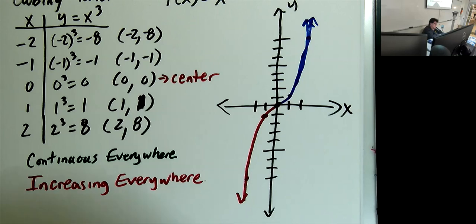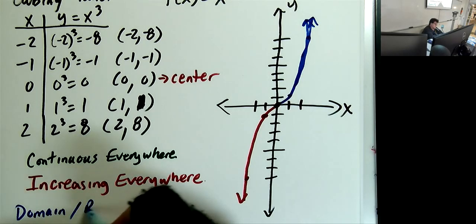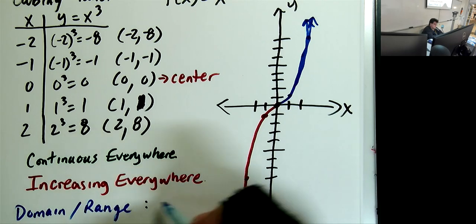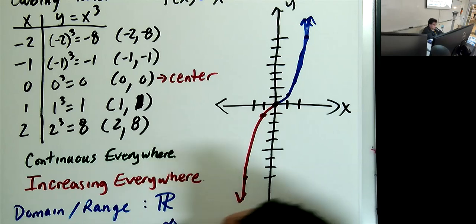Both the domain and the range are all real numbers, which you can write like that, or you can write as -infinity to infinity.